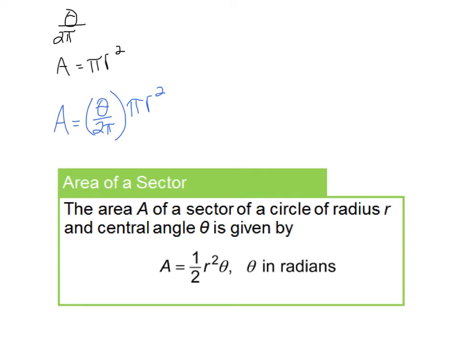And when we reduce this, we end up with 1/2 theta r squared, or 1/2 r squared theta. Again, this big important piece, theta absolutely must be in radians.